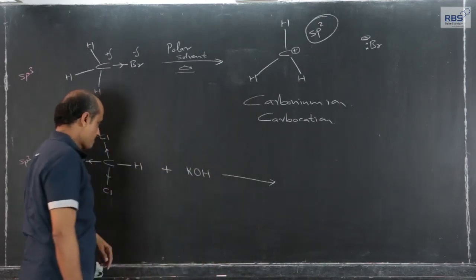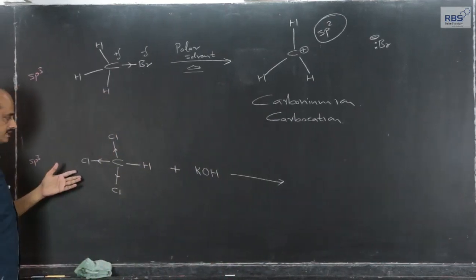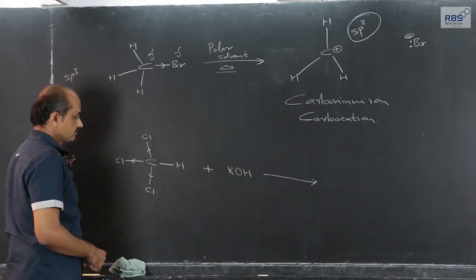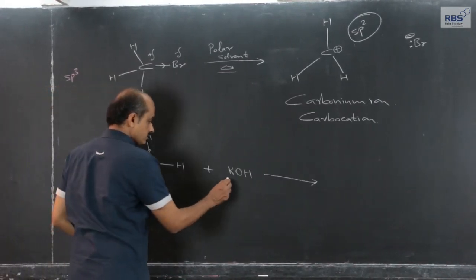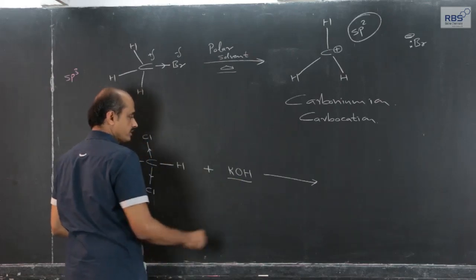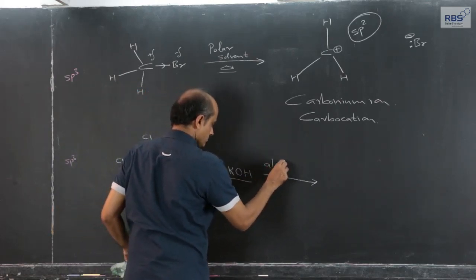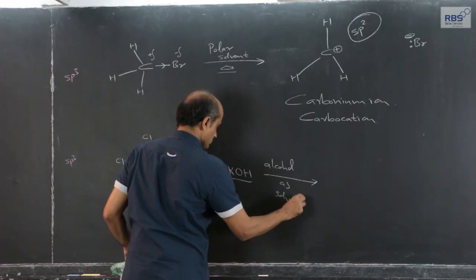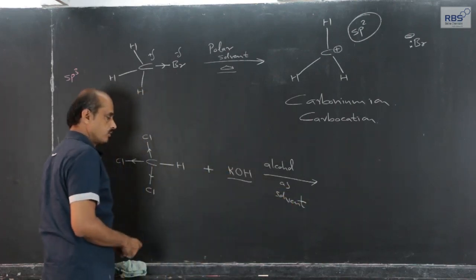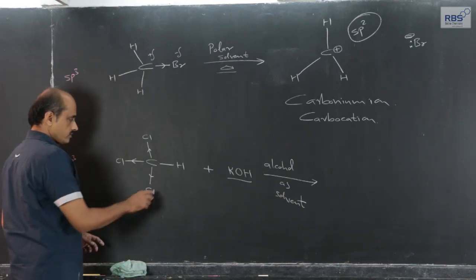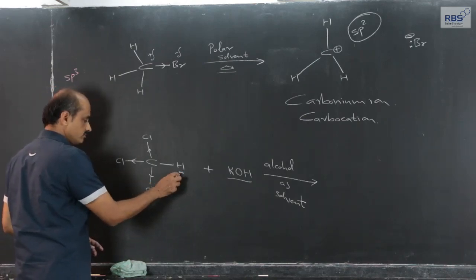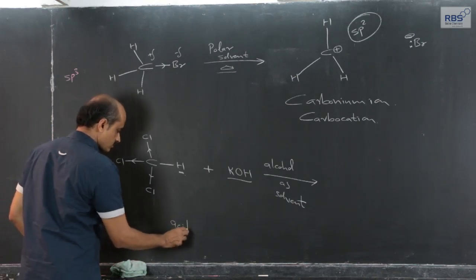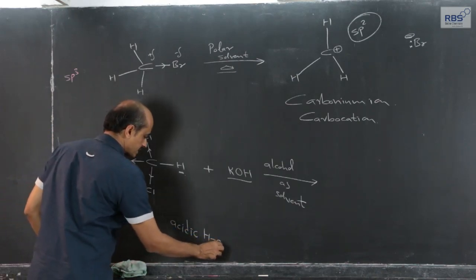And one more thing, here I have taken an example, chloroform, and reaction of chloroform with KOH using alcohol as solvent, alcohol slightly polar. Hydrogen atom in chloroform is called acidic hydrogen atom.